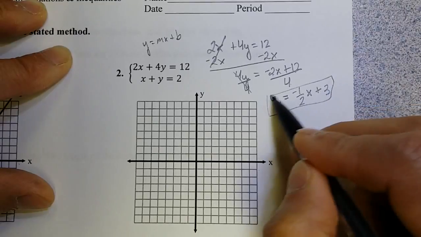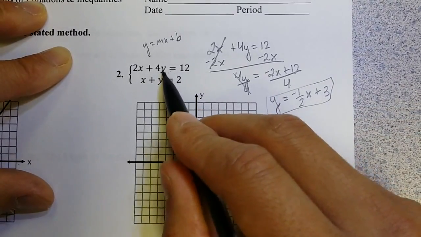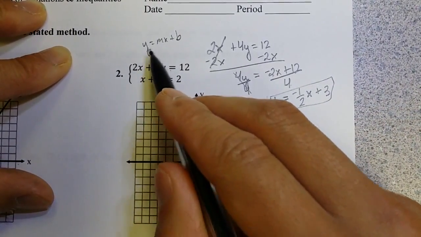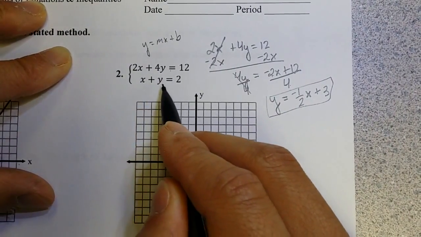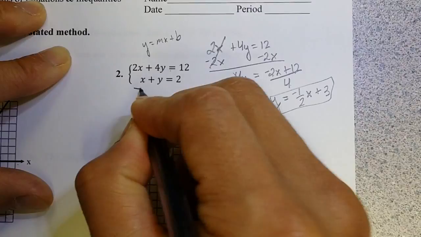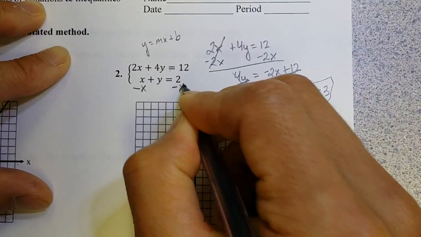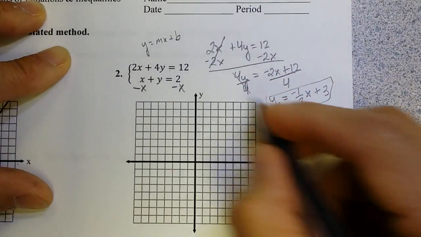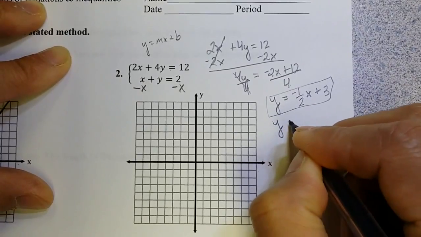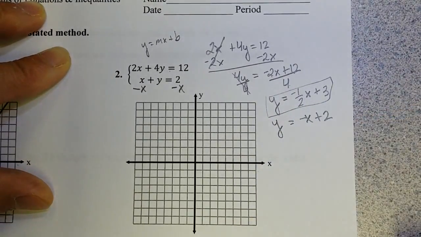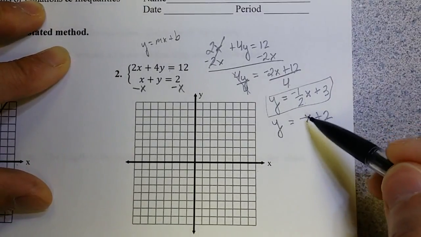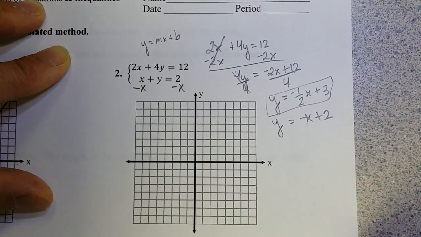So here's this equation rewritten in slope-intercept form. Now to rewrite the other equation, all you have to do really is subtract x from both sides, and you get y equals negative x plus 2. So now I have this in the slope-intercept form.